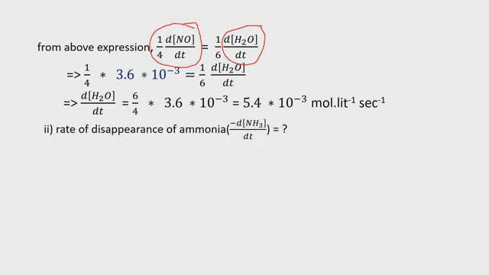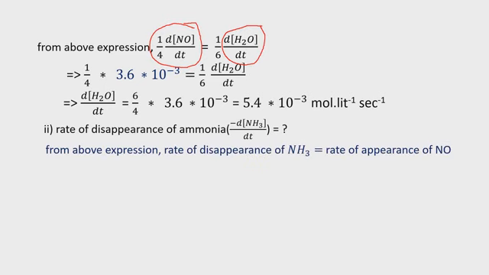Next one, rate of disappearance of ammonia, minus d[NH3]/dt. From the above expression, rate of disappearance of NH3 equals rate of appearance of NO. Just go back and check the expression, you will get confirmation.